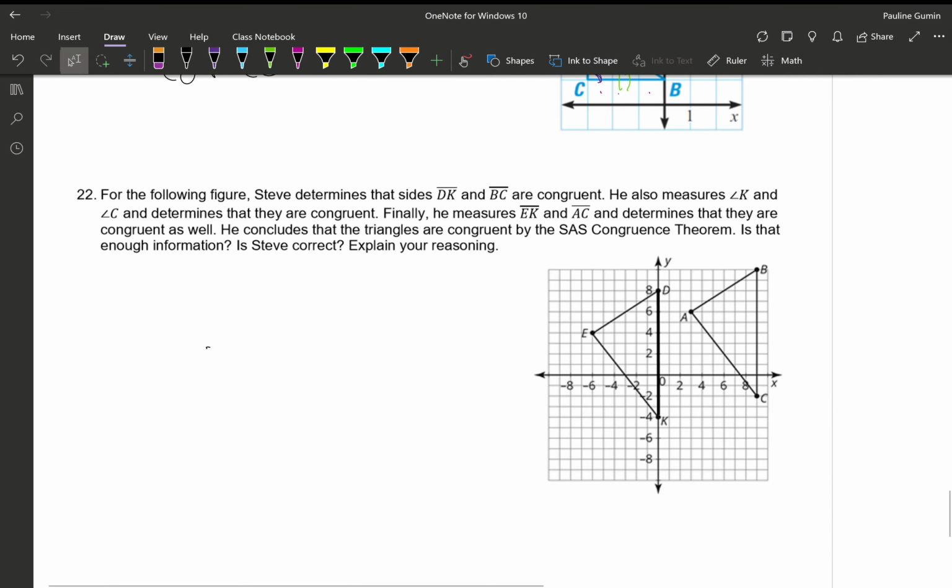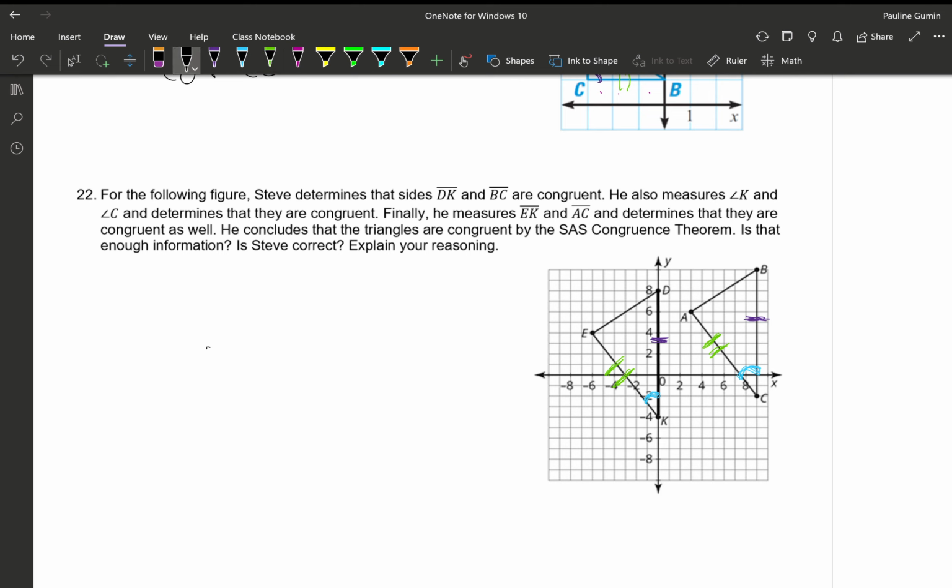All right, for the following figure, Steve determines that sides DK and BC are congruent. DK, BC. He also measures angle K and angle C and determines that they're congruent. Angle K, angle C. Finally, he measures EK and AC and determines that those are congruent. Good thing he's measuring those because we don't know how to do that yet. You will learn next year. He concludes that the triangles are congruent by SAS. Is that enough information?